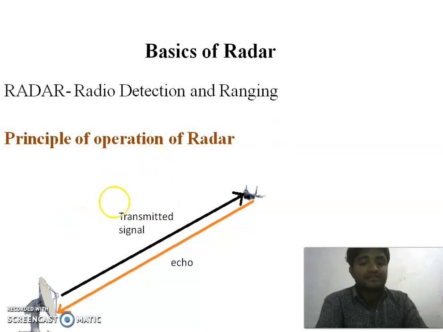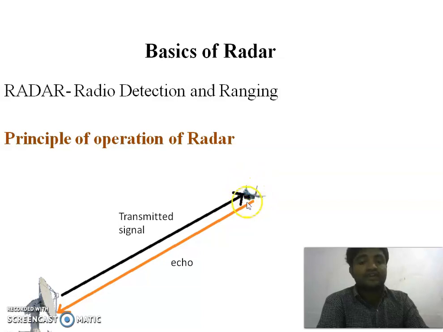The basic principle of radar: any radar system consists of two elements. The first element is the radar part and the second element is the target. The radar consists of a transmitting antenna, a receiving antenna, and some controlling circuitry, and the target is there in the sky.